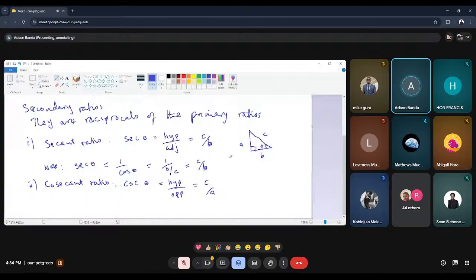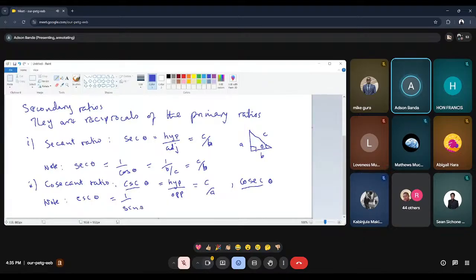Right, so you have this as C over A. By the way, the other notation that is used is the cosec of theta. So whether I write this or this, it means the same. Right, but also we know that this cosec of theta is just 1 over sine theta.